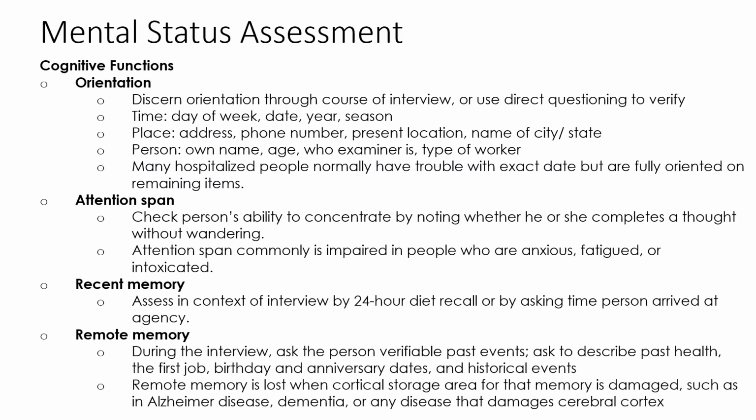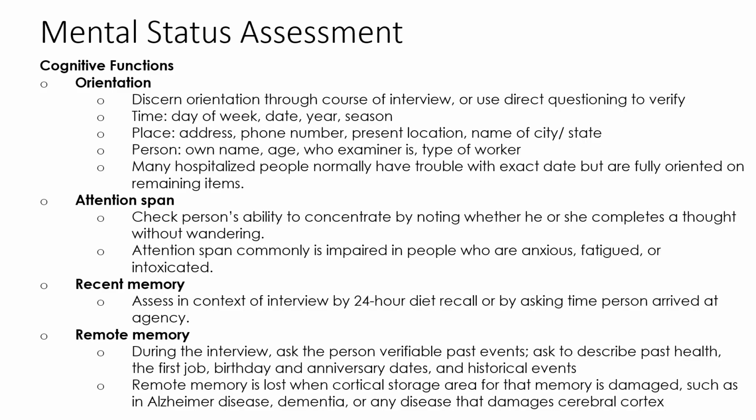To check the cognitive function, you want to check their orientation. Do they know where they are, the day of the week, year, season? Do they know their address, where they are currently right now, their name? Attention span. This is, can they complete a sentence? Can they complete a thought process without getting lost in that process?